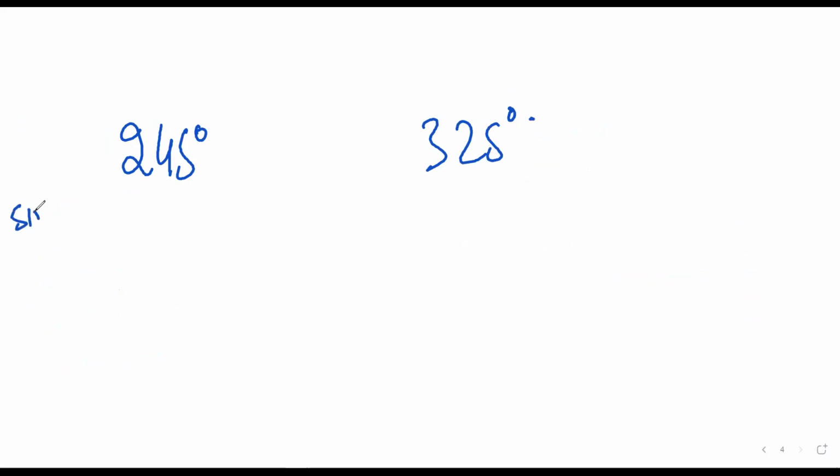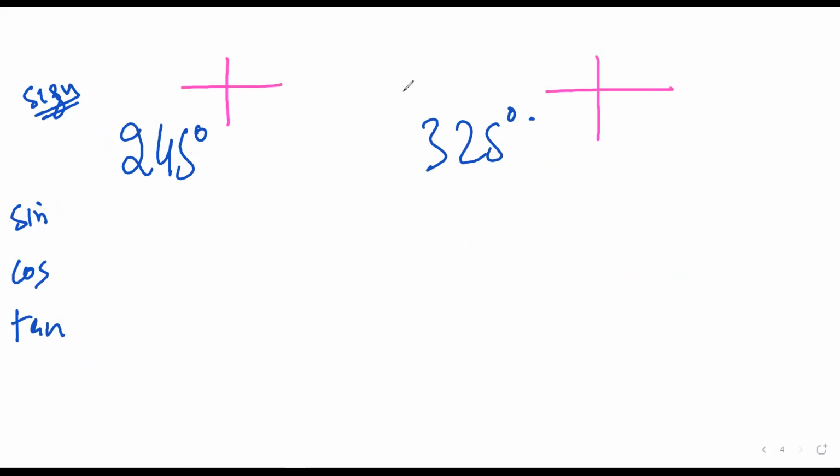Tell us the sign of sine, cos, tan. Have you understood the question? All that you need to understand is in which quadrant is 245. 245 degrees in which quadrant, Miss Avantika? 245 would be third quadrant.